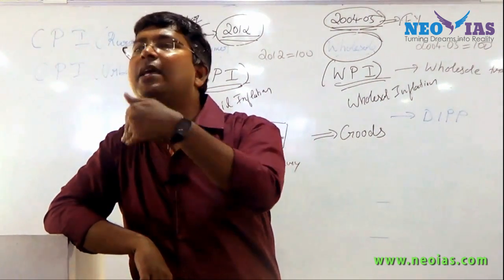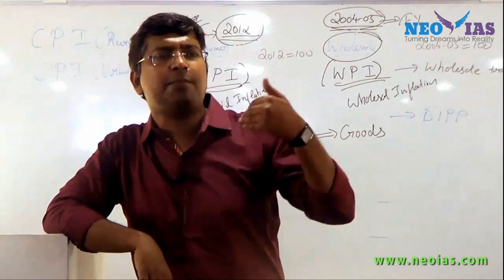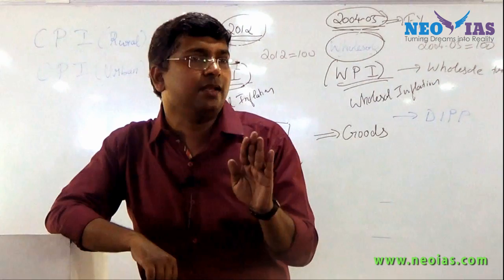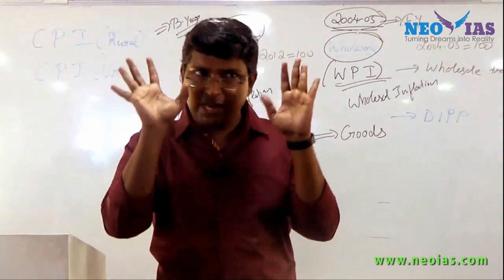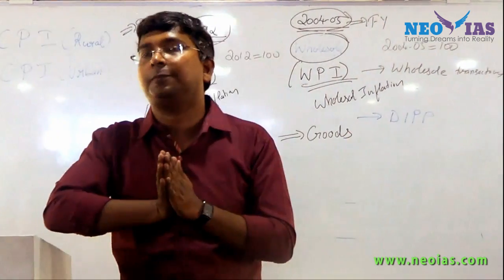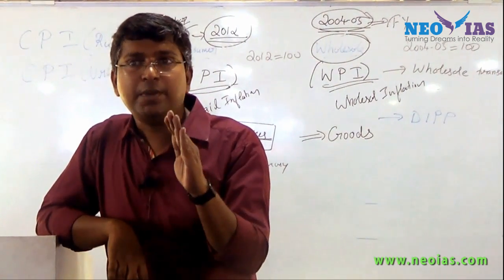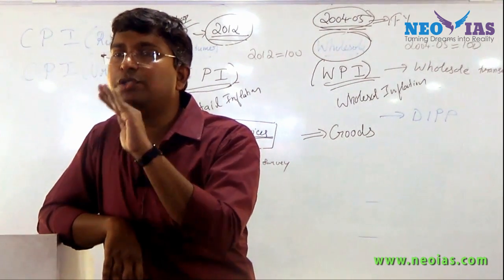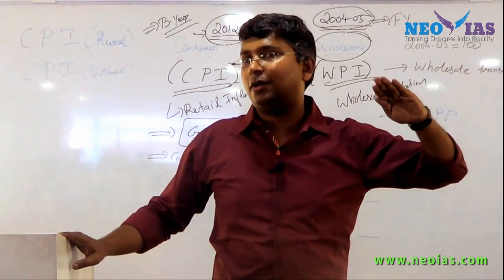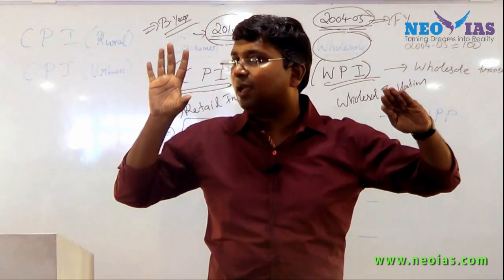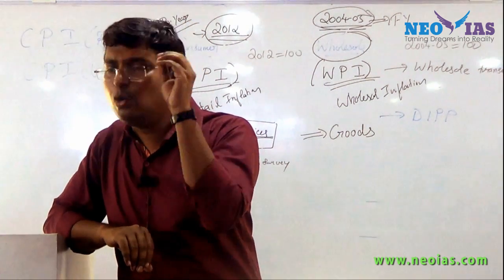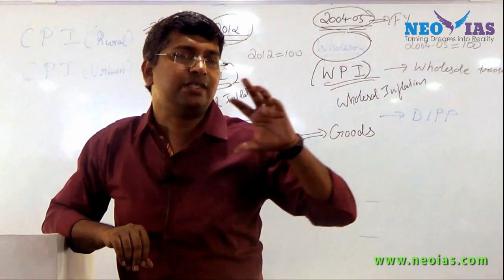Subcategories like CPI rural, CPI urban, or CPI IW are inflation data, but they are not headline inflation data. Keep this very important point in mind: earlier, RBI, while controlling inflation, looked into wholesale price index data. Now, RBI, while controlling inflation, does not look into wholesale price index data.